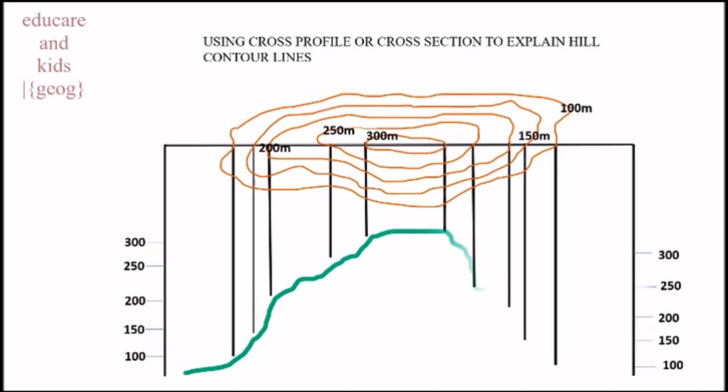You can see that the calibration is starting from the lowest to the highest, representing a mountain. So a cross profile has been used to show that this contour is representing a highland.